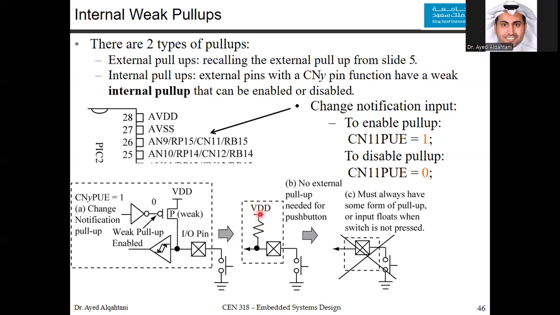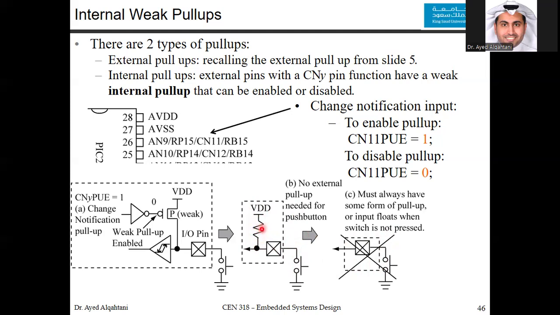This way, you will have VDD and the internal resistance connected to the switch. So you don't have to have the external pull-up. And this way, you get rid of this situation. So if you connect the switch directly, you must enable the pull-up.